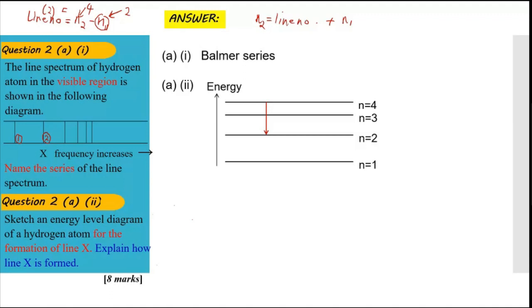Line number 2, N1 for Balmer series is 2, so 2 plus 2 equals 4. So the transition is from level 4 to level 2.